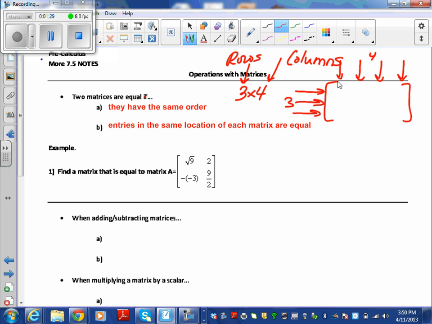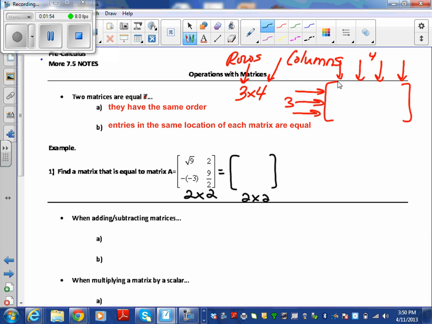So if you look at the given matrix A, it's a 2 by 2. If I wanted to write a matrix equivalent to that, I'll just set up a matrix that's also 2 by 2. And now I'm going to see if I can simplify any of these entries or write them in a slightly different way that's still equivalent to the original.